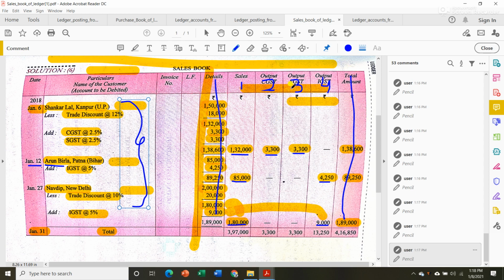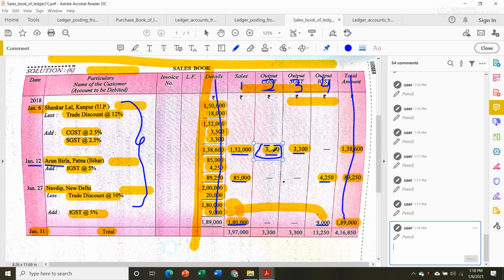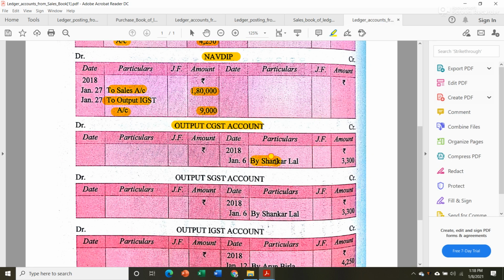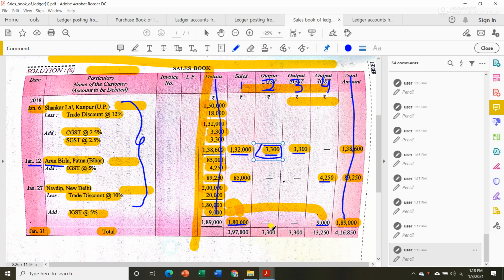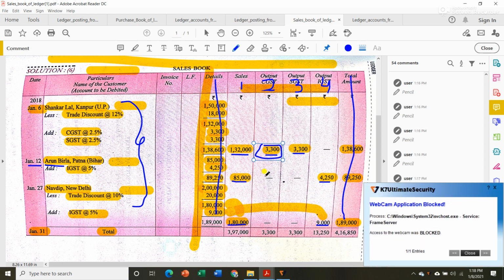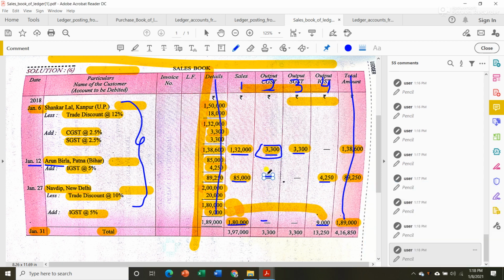Okay, now in first output CGST we have this 3,300 amount, and this 3,300 is related with Shankar Lal. So we will write 'By Shankar Lal' 3,300. Now see, do we have any other output CGST? Nope, this is nil, so output CGST finish.